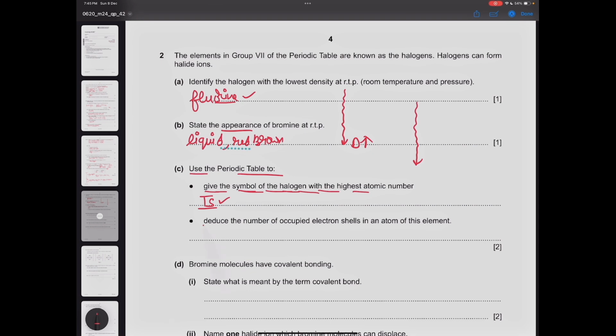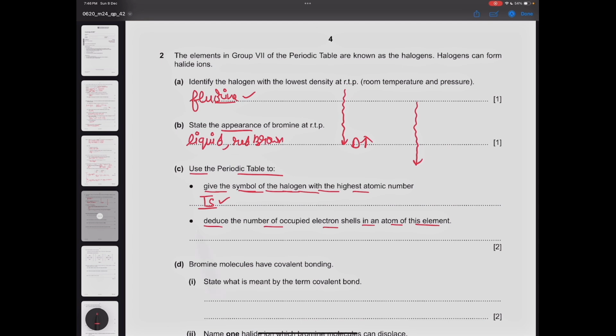Deduce the number of occupied electron shells in an atom of this element. How many shells must be there? Good question. Let's look at the period number of this. The period number in the periodic table which you will find is 7.